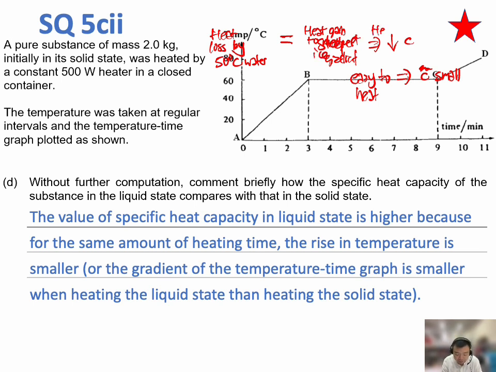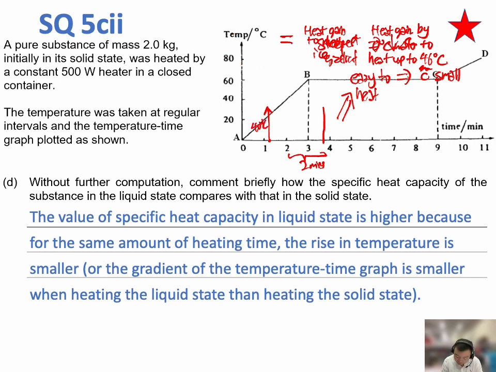So what does it mean when it's easy to heat up? It means you don't need a lot of energy, which means you need lesser time for it to increase its temperature. So over here, if you take a look, notice that in 2 minutes, for a solid, 2 minutes of heating will raise its temperature by 40 degrees Celsius.